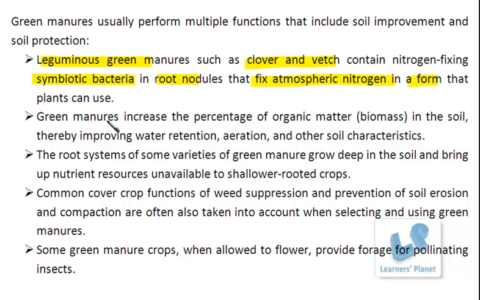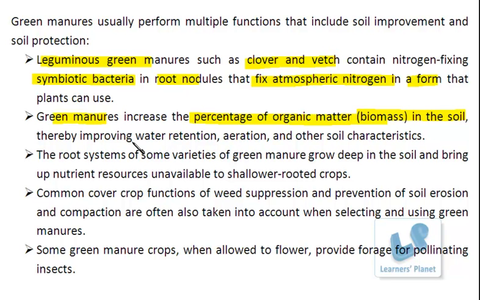Next thing is that the green manure is ploughed over there in the same land itself and the waste is not separated or removed from there, so it increases the percentage of the organic matter, or I can say it increases the concentration of biomass in the soil. Now, if this organic matter or biomass has increased in the soil, what benefits can you assume?